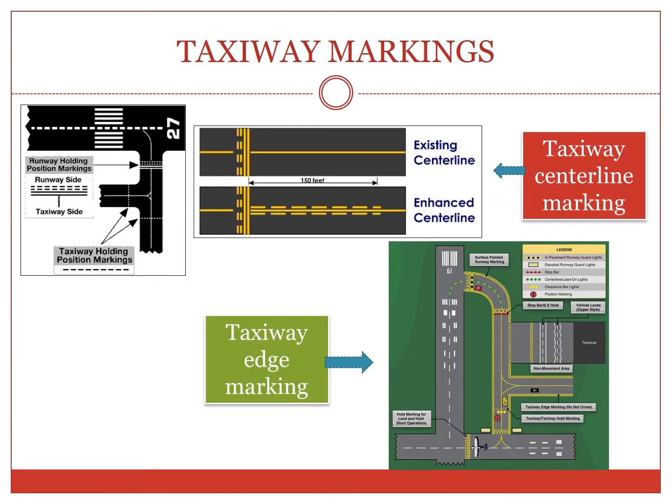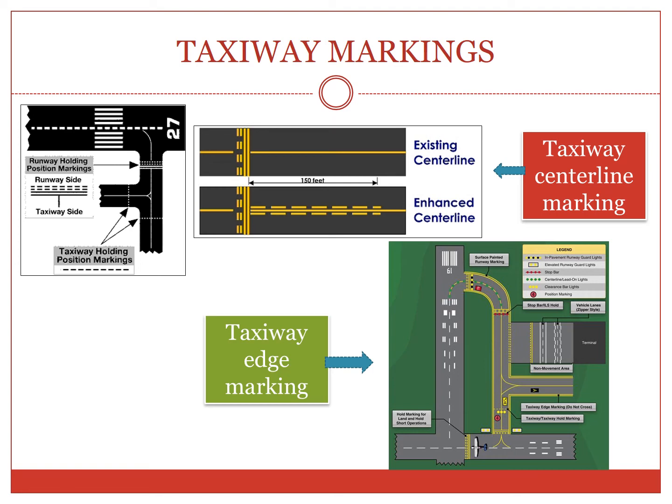Next, we move across to the taxiway markings. All the taxiways should have center line markings and runway holding position markings wherever they intersect a runway. All the taxiway markings are yellow in color. Following are the markings used on taxiway: the taxiway center line marking, taxiway edge marking, holding position markings on taxiway, and the taxiway shoulder markings.